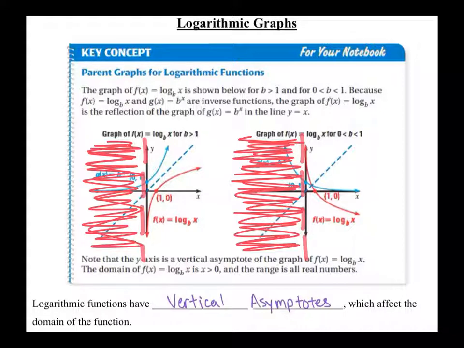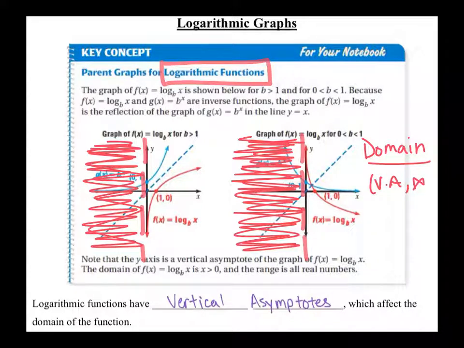So one more time, because they're inverses, what's going to happen for your log functions is your domain is always going to be whatever your vertical asymptote is to positive infinity, because it's always going to be to the right of that vertical asymptote.